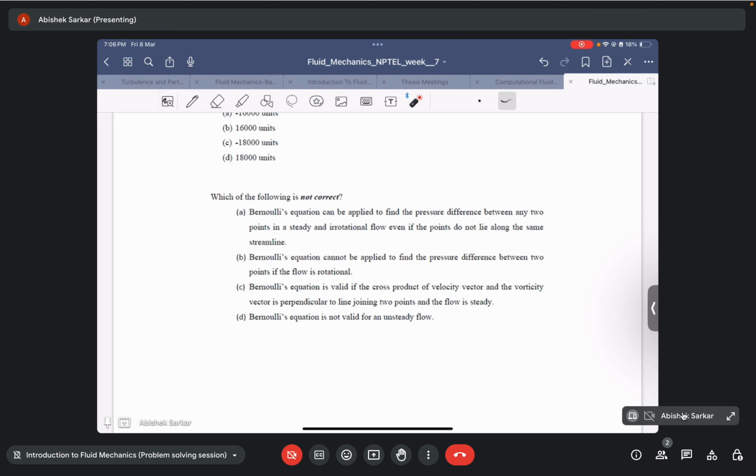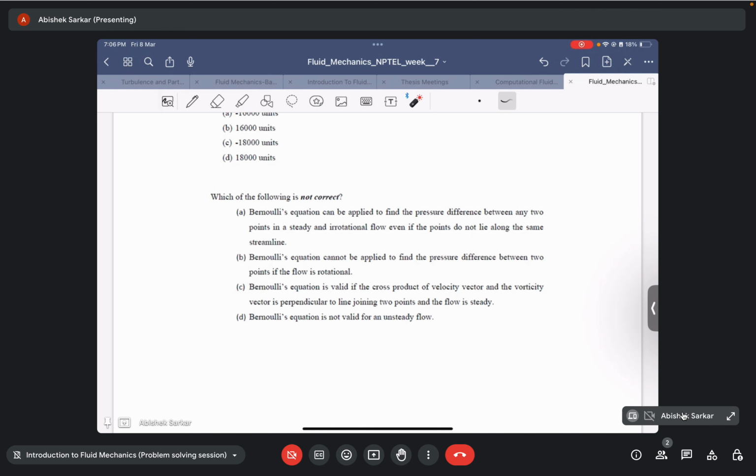So if that's the case, then Bernoulli's equation is valid for finding the pressure between any 2 points in the flow field, right? So again, this is correct.